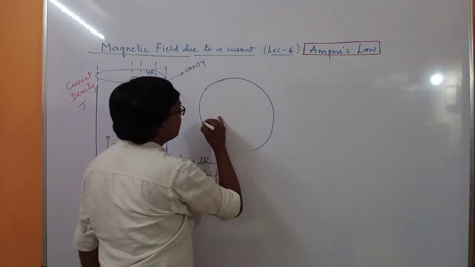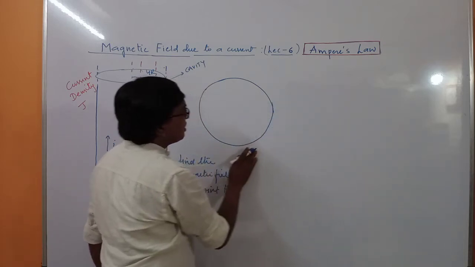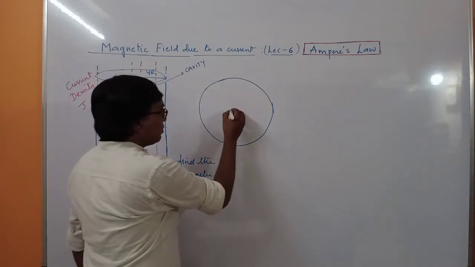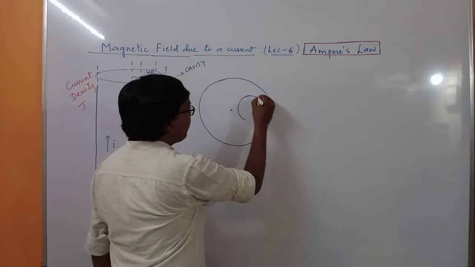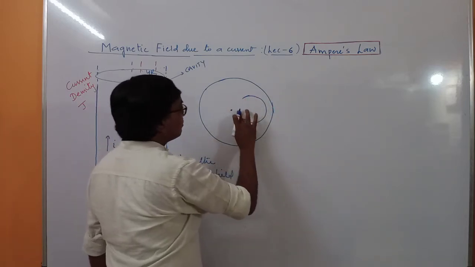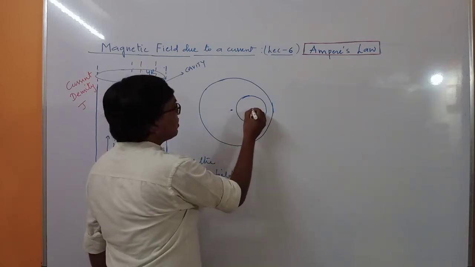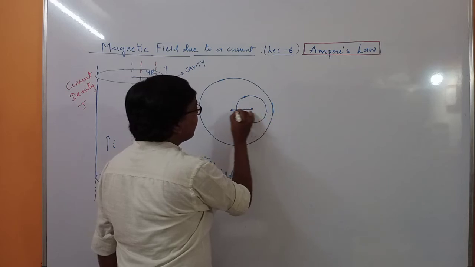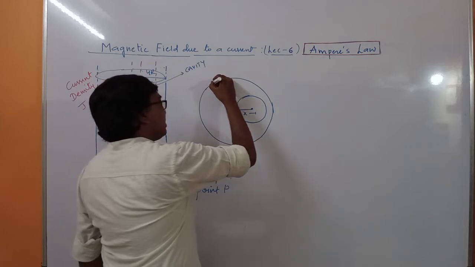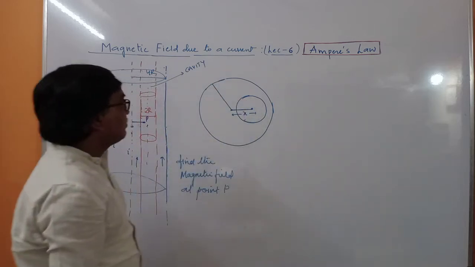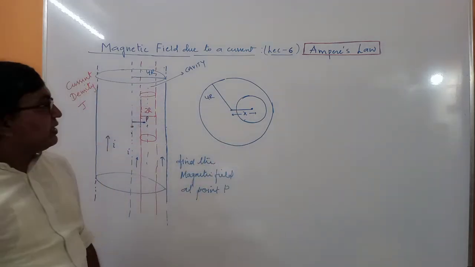Fine. So let us take the cross-sectional view of this cylindrical conductor. So this is the cross-sectional view. So let us say this is the center and this is a cavity. So center of this cavity is at a distance of x. So this radius is 4r, we have considered.